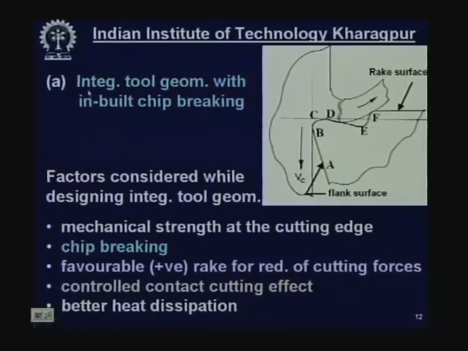Now, integrated tool geometry with inbuilt chip breaker. Inbuilt chip breaker, as I told you, can be step type or groove type, and those are created on the rake surface of the tool during or after manufacturing, by grinding or by powder metallurgical process during compaction and so on.